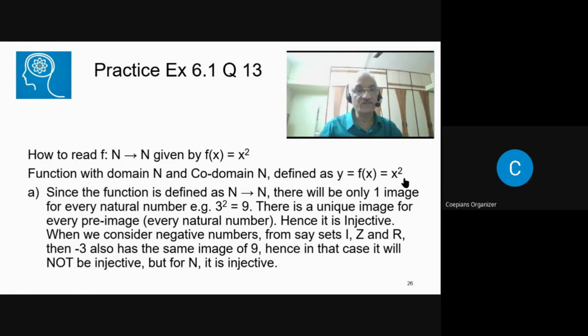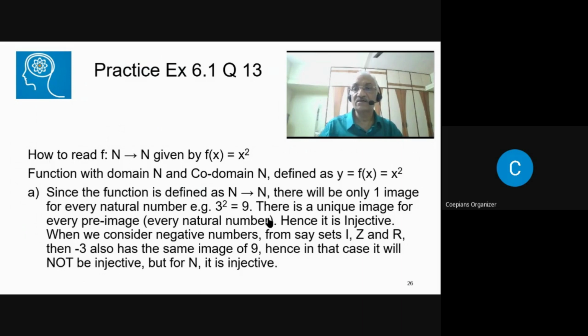So the first one, let's see whether this particular function is injective or not. For every natural number, the square is unique. Say, for example, 3 square is 9, 4 square is 16. There's no other natural number which has a square equal to 9. If the domain was integers or real numbers, the story is different because minus 3 has the same image as plus 3.